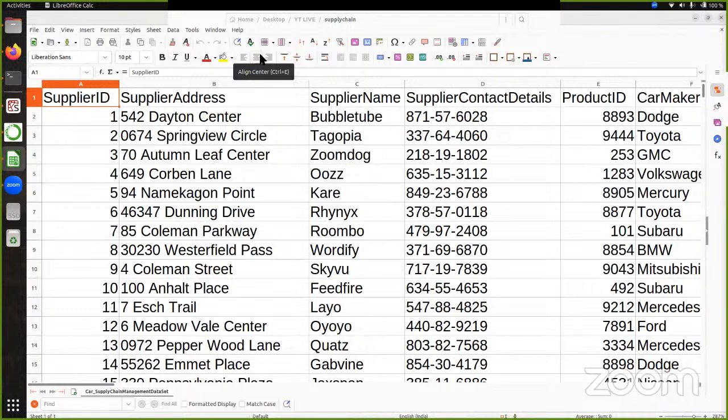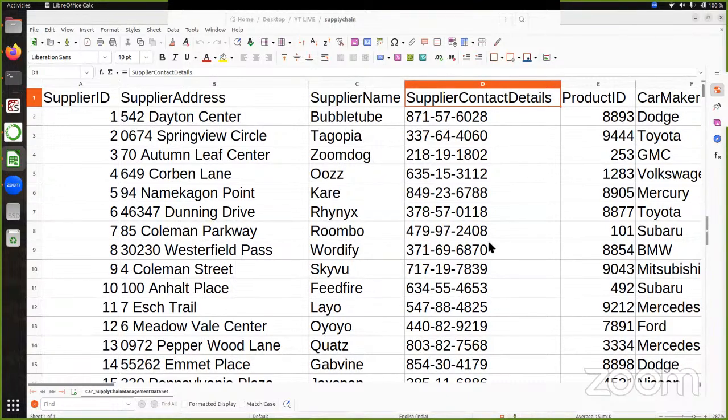And then we have the address of the supplier. Okay. Which is going to give us what kind of address they are, where they are located. And then we have the name of the supplier as well as their contact details. So this is all related to the information about the different suppliers that are available.